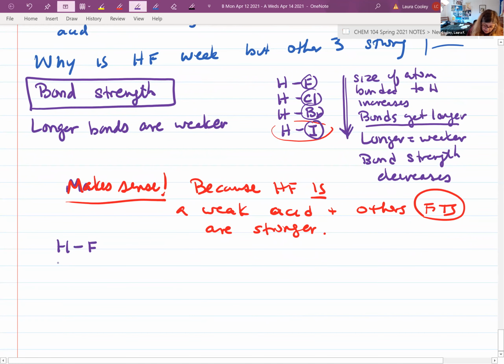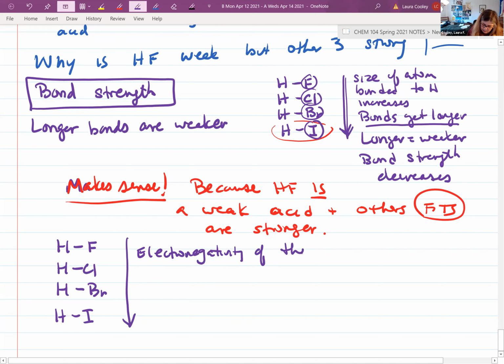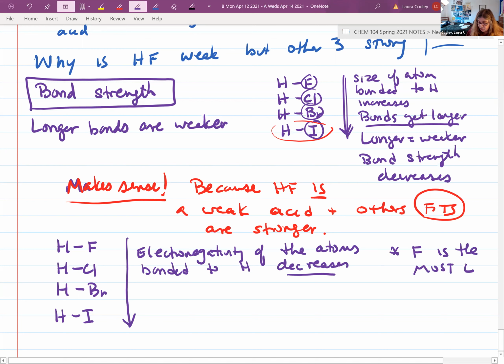As you go down the periodic table from F to Cl to Br to I, the electronegativity of the atoms bonded to hydrogen decreases. In fact, you may remember fluorine is the most electronegative atom in the periodic table.